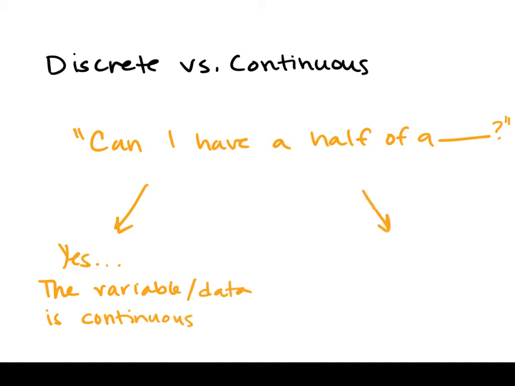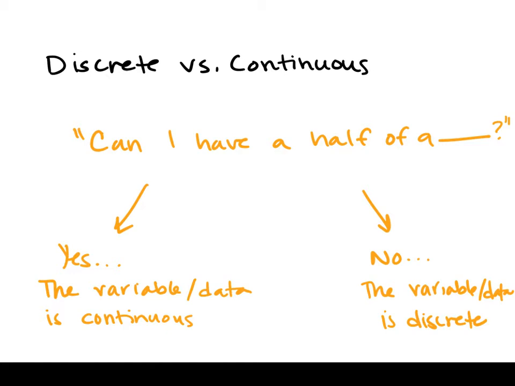If I cannot have a half, if I'm counting, remember counts and measures, if I'm counting things, I don't count 1, 2, 2 3/4, 4, 4 1/2, 5. Not if I'm counting actual things. You either have a whole thing or you don't have a thing. So if that answer is no, then the variable or data is discrete.